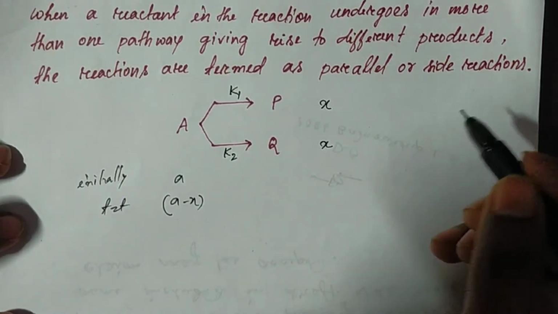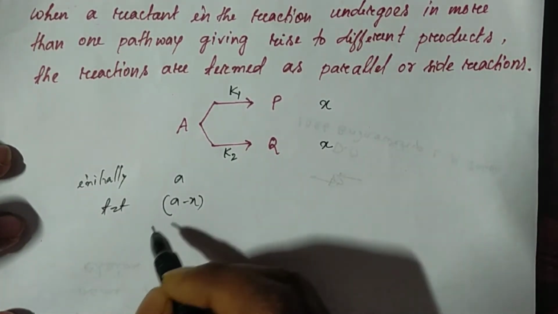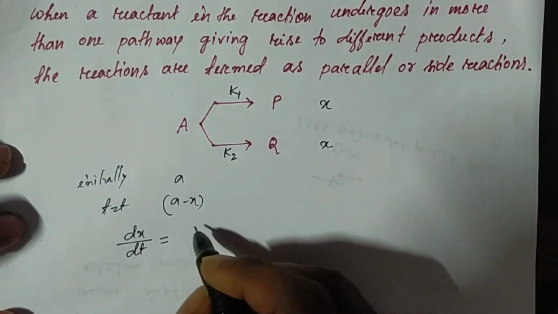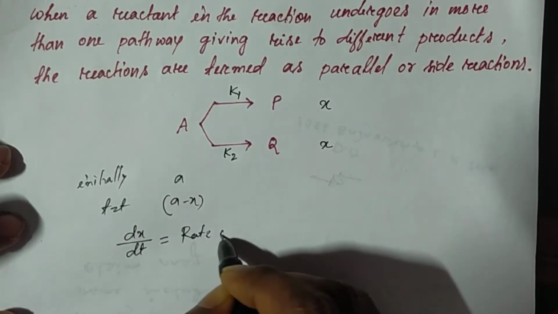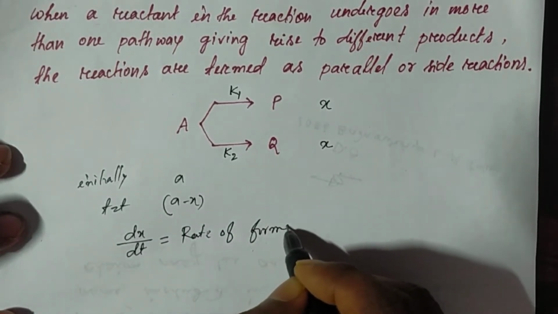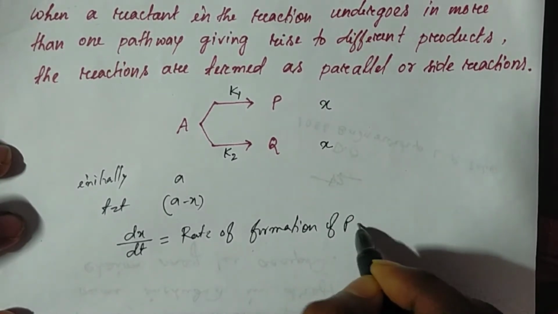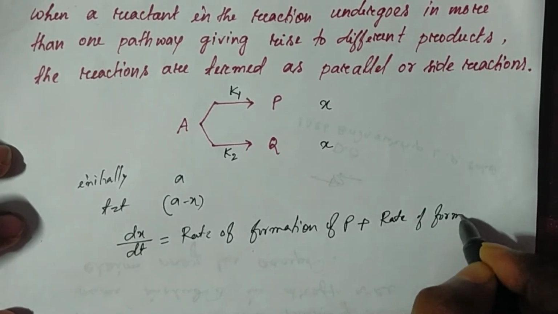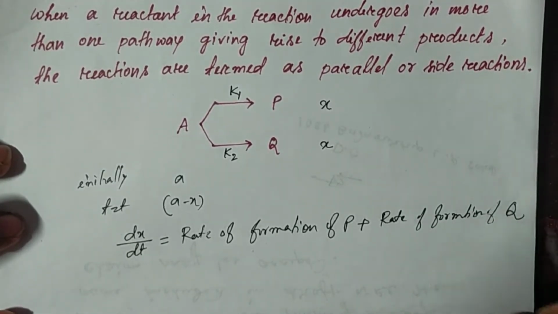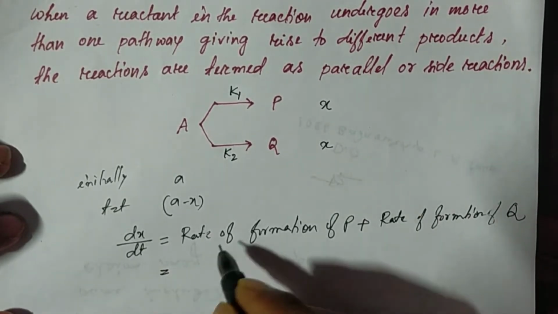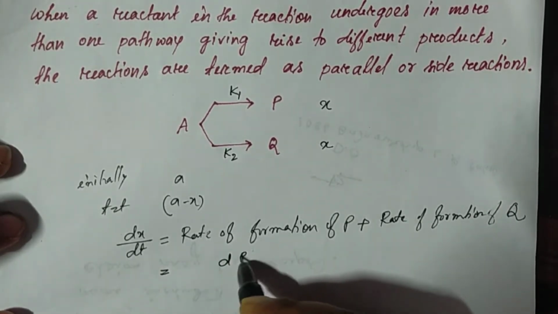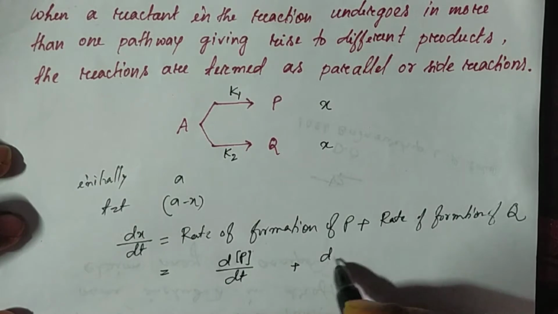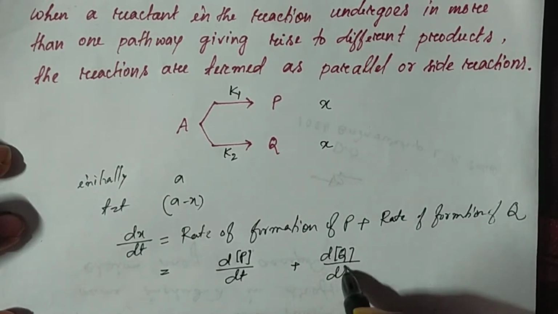So we can write the rate of the reaction dx by dt is equal to the rate of formation of P plus the rate of formation of Q. That is dP by dt plus dQ by dt.